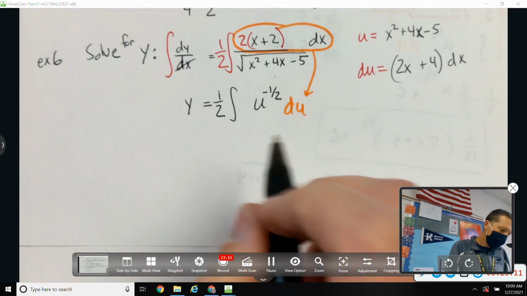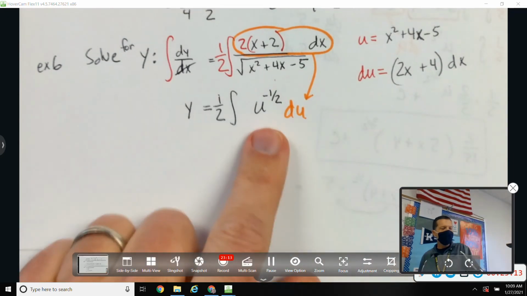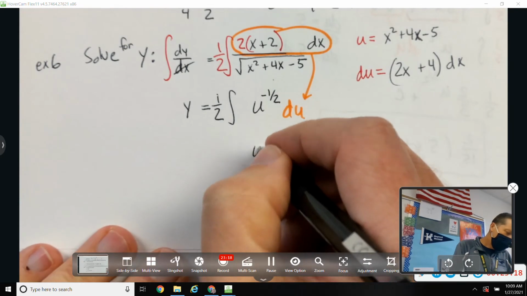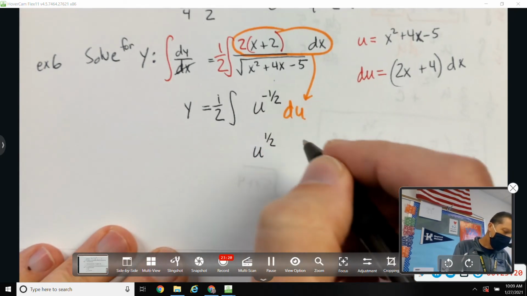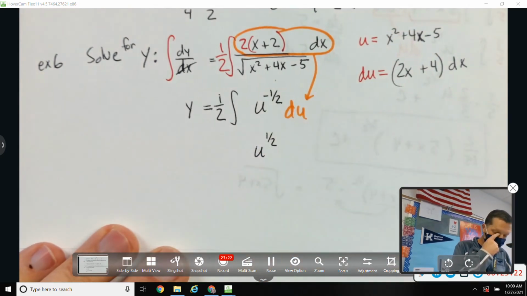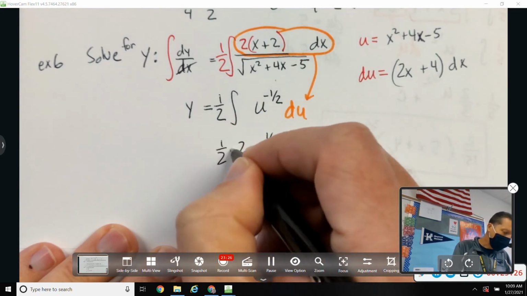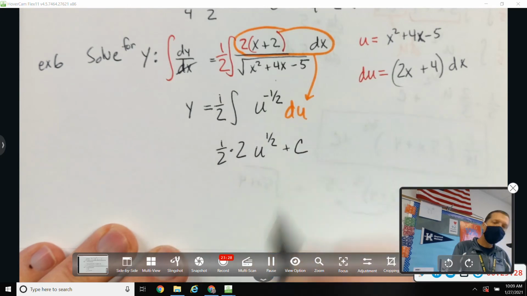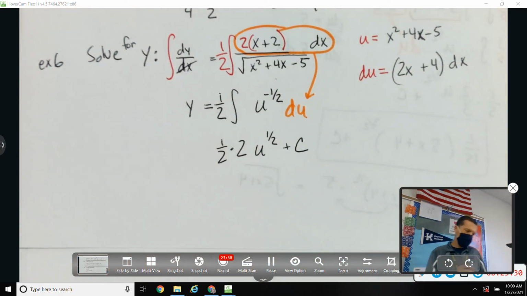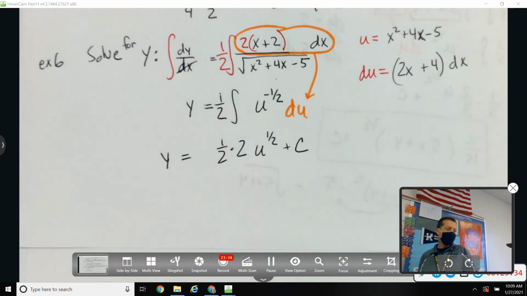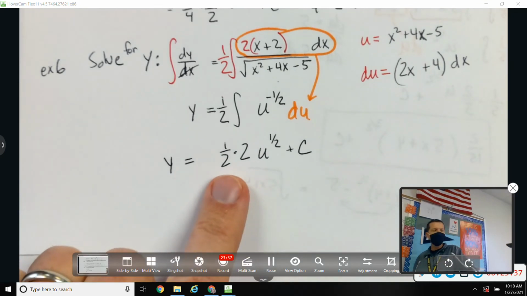So I've done all the hard work now. Now this is supposed to be an easy integration. Increase the power by 1. Divide by 1/2, that would be multiplying by 2. There's also a 1/2 out front. Plus c. Not quite done yet, not because 1/2 times 2 is 1. You could still leave that if you want to.